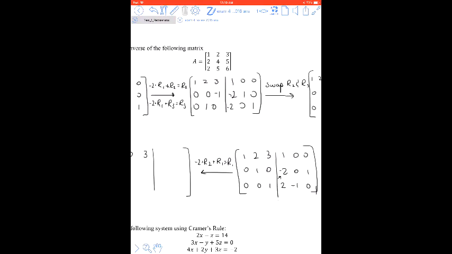Now, right here, negative 2 times negative 2 is 4. 4 plus 1 is 5. And then here, negative 2 times 0 is 0. 0 plus 0 is 0. And then here, negative 2 times 1 is negative 2. Negative 2 plus 0 is negative 2.